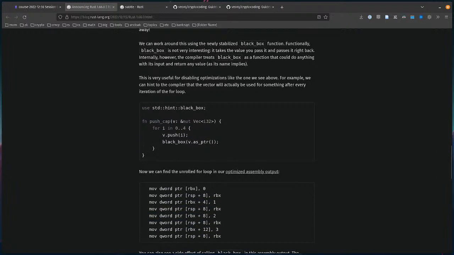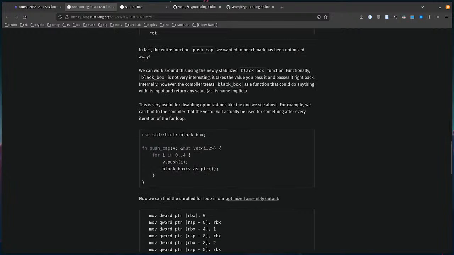Except for this one, I think black box is probably going to be a fairly standard tool reasonably quickly, insofar as it's now standard and stable Rust for preventing the compiler from optimizing away your constant time attempts, right? And the compiler is tricky. It sees through you.